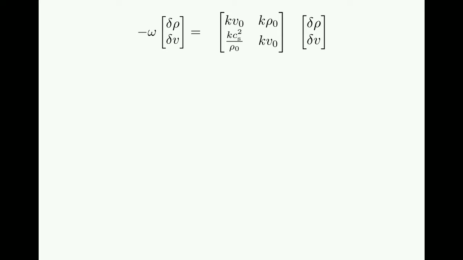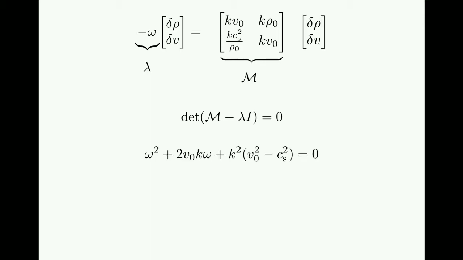Now, the procedure is quite simple from here, because the only thing that we have to do is to solve this eigenvalue problem, which is a well-defined problem you can find in linear algebra or in some textbooks. For this we have a matrix and we have an eigenvalue. To get the eigenvalue from the matrix, one has to solve the determinant of the matrix minus the eigenvalue times the unity matrix.